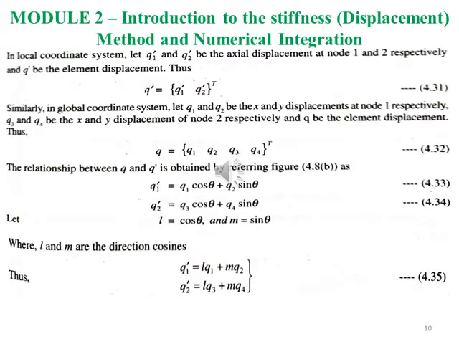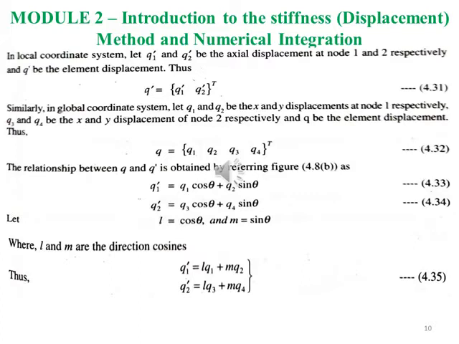Similarly, in the global coordinate system, let q1 and q2 be the x and y displacements at node 1 respectively, and q3 and q4 be the x and y displacements at node 2 respectively, and q be the elemental displacement matrix. Thus we will get q is equal to q1 q2 q3 q4 whole transpose.